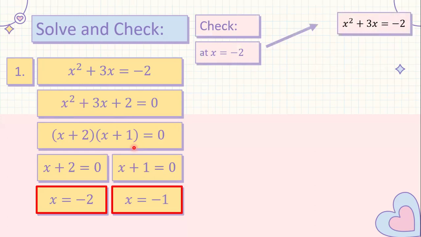So substituting, we now have negative 2 squared plus 3 multiplied by negative 2, which is equal to negative 2.